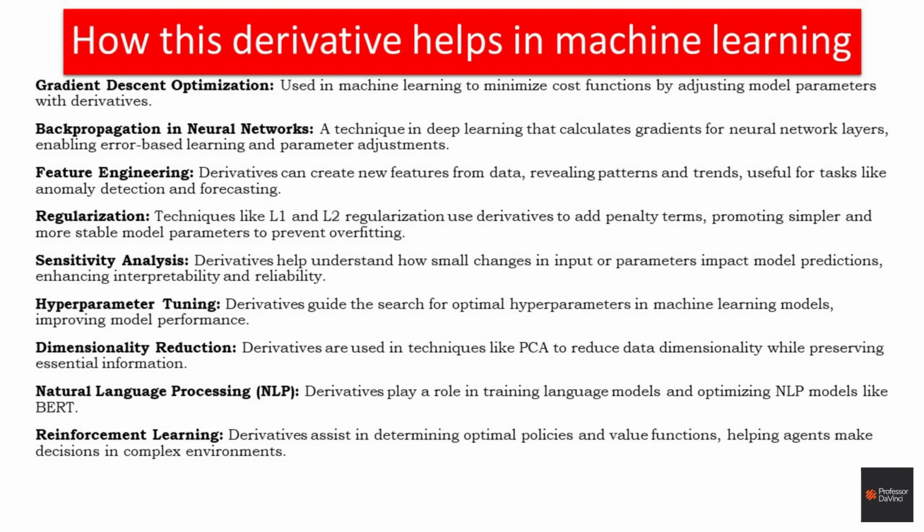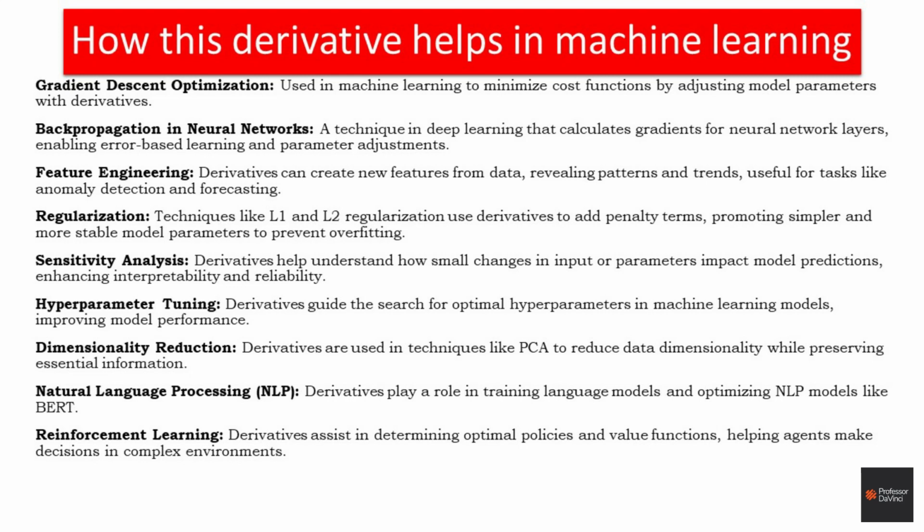Hyperparameter tuning. Derivatives guide the search for optimal hyperparameters in machine learning models, improving model performance. Dimensionality reduction. Derivatives are used in techniques like PCA to reduce the data dimensionality while preserving the essential information.